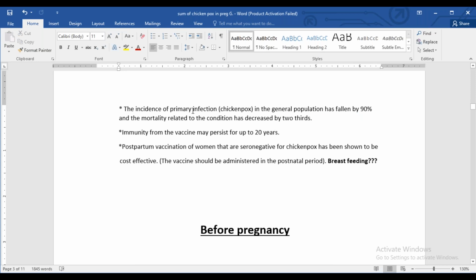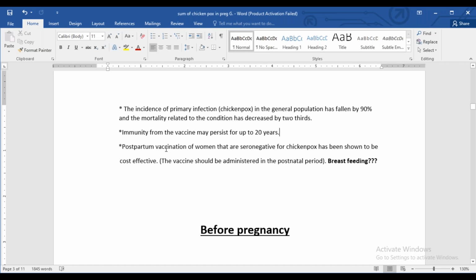And the rate of primary infection in the general population has fallen by 90%, okay? And the mortality related to this condition is decreased by 2/3 after the vaccination. So the vaccine is very important. If you have the chance to immunize the pregnant woman, it's very good. But if you have no chance, we will see what we are going to do to manage this disease if it happens. Okay.